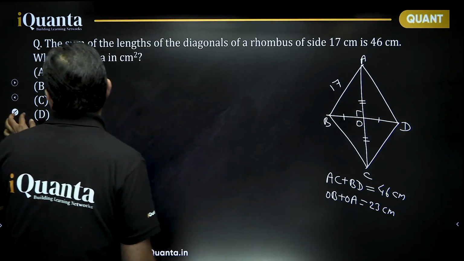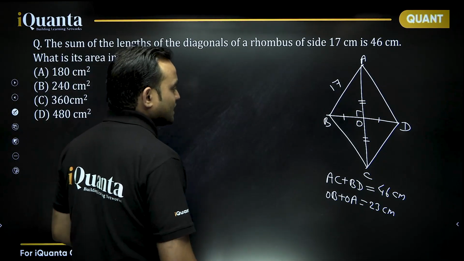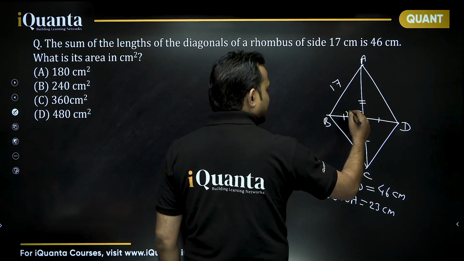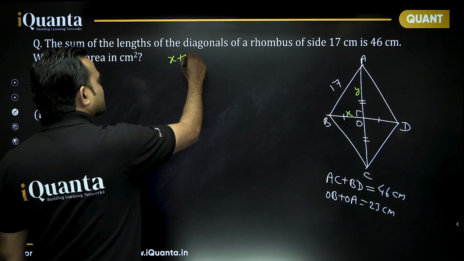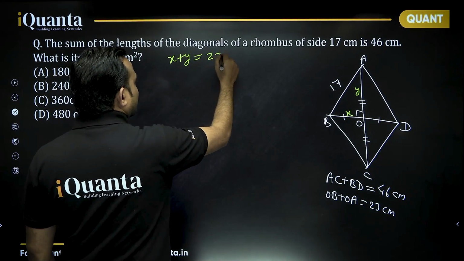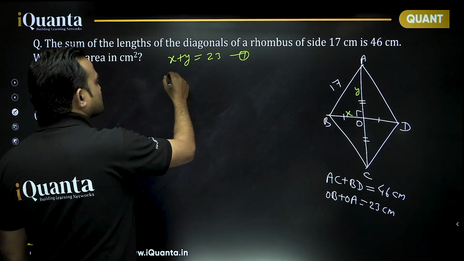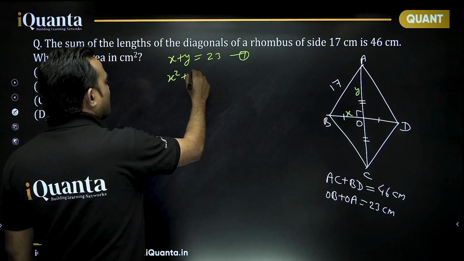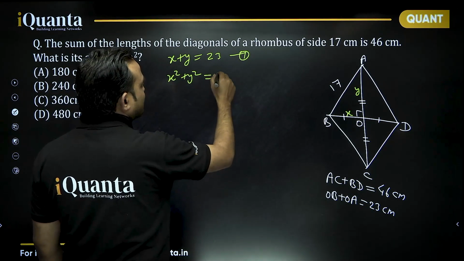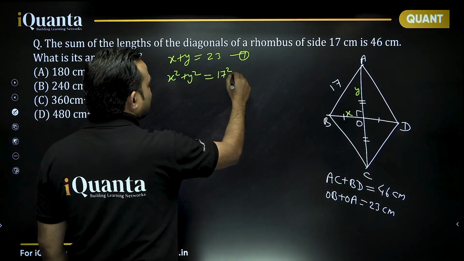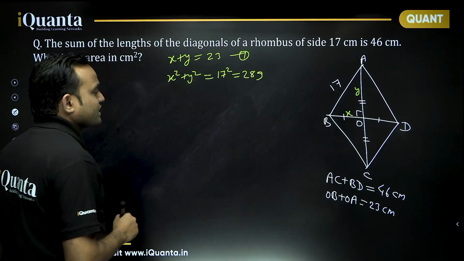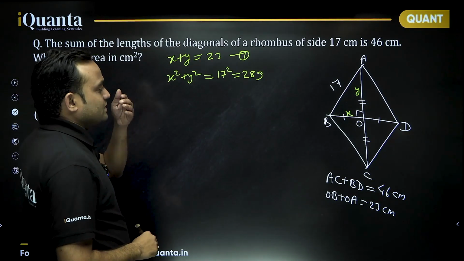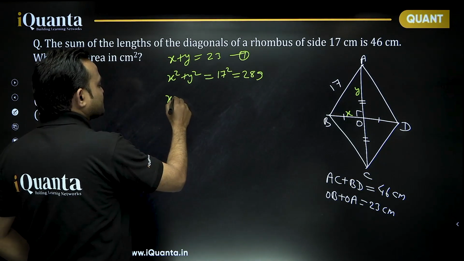But let's say that this length is x and this length is y. We can say that x plus y will be equal to 23. Also, x square plus y square is equal to 17 square, which is equal to 289. Now, we know x plus y, can we find x minus y?